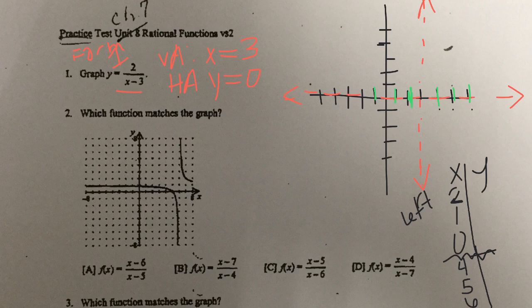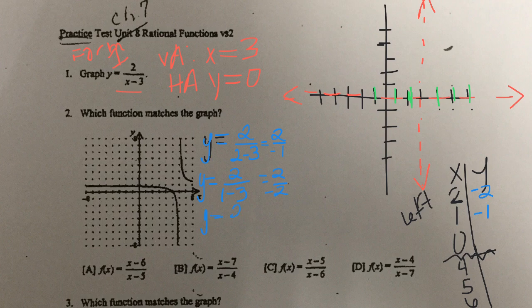So when I plug it in, we're going to plug the number in for x. So y equals 2 over 2 minus 3. That's 2 over negative 1, so negative 2. Y equals 2 over 1 minus 3, which is 2 over negative 2, which is negative 1.